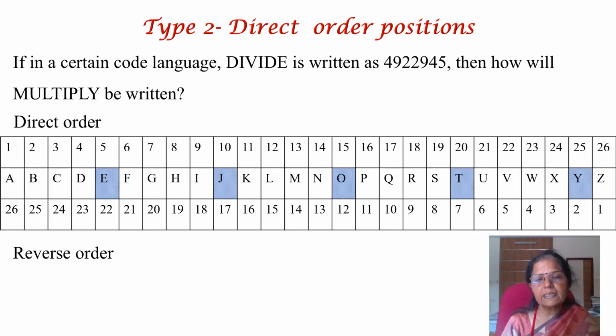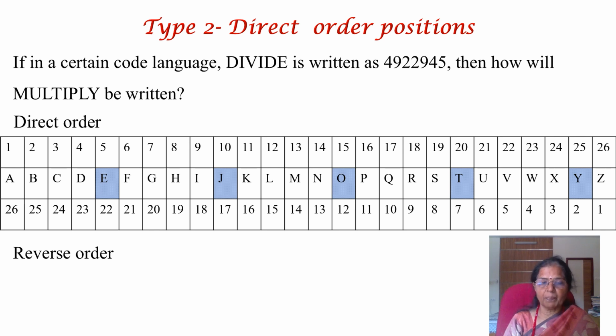Now we will see type 2, which is the direct order position. Look at the illustration. If in a certain coding language the word divide is written as 4922945, how will the word multiply be written? Here only one word code is given as a sample, so it's not direct. You have to draw the table.